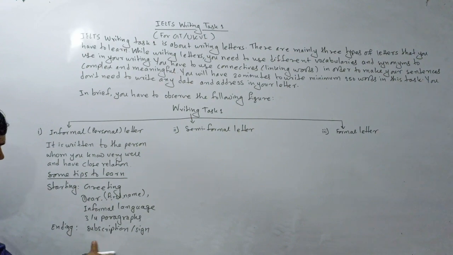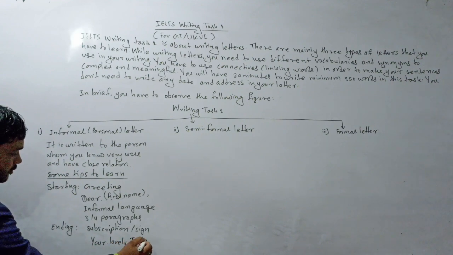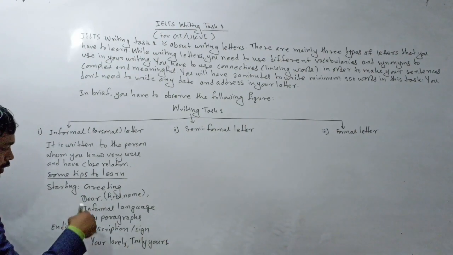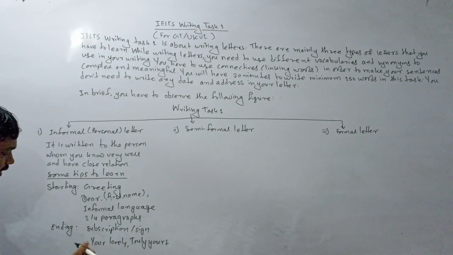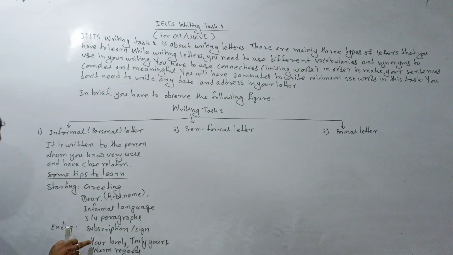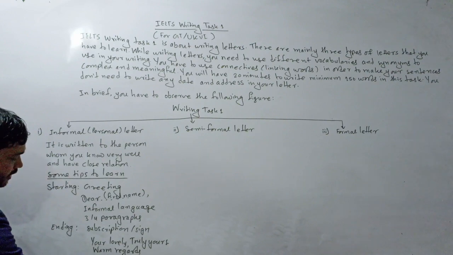I give you some ideas here: yours lovingly, truly yours, your obedient, your best friend, with regards, warm regards. These are the common words that you use in informal letters. After this, you can use any one of these and put your first name at last.